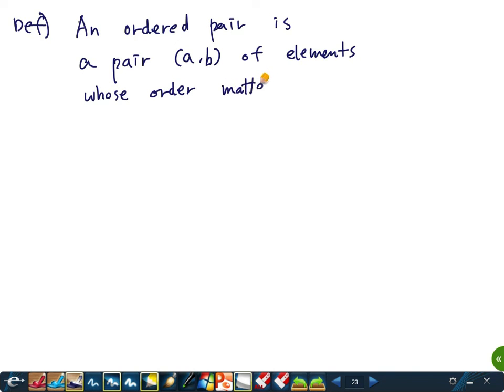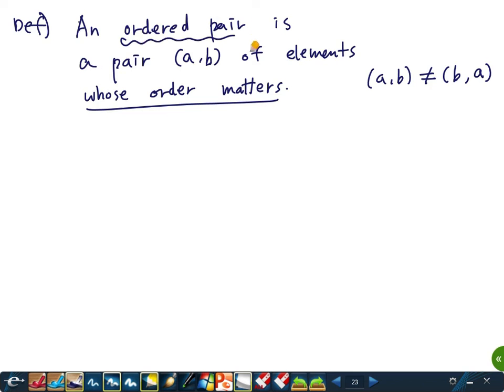Let's just write it this way. What I mean by this is that (A, B) is considered to be a different pair from (B, A). As I said, if you use curly braces, they'd be the same, but they are different now because this is an ordered pair. Ordered pair means the order is important.